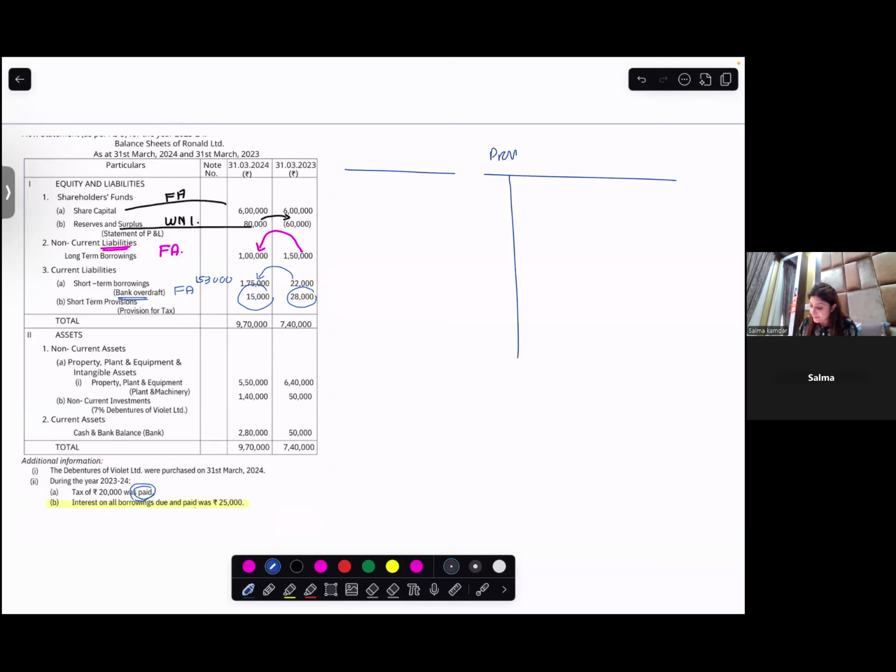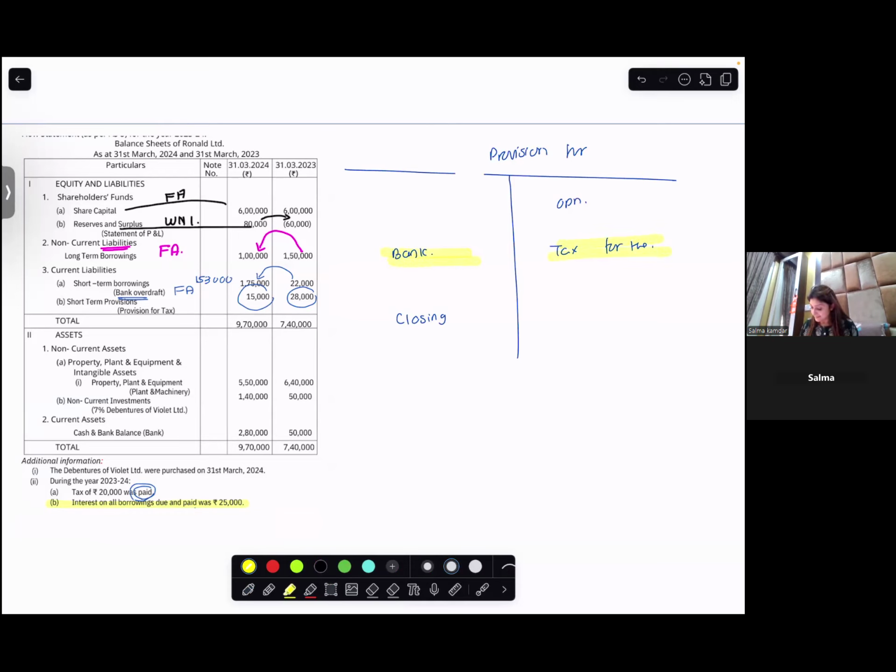The provision for tax always has a credit balance. Opening balance on the credit side, closing balance on the debit side. Whatever tax you've paid will come on the debit side, and tax for the year, the provision for the year would come over here.